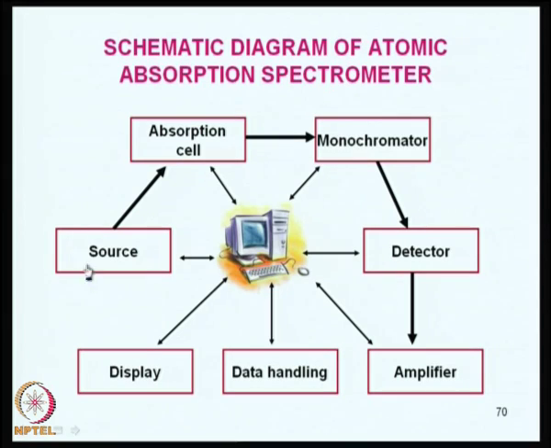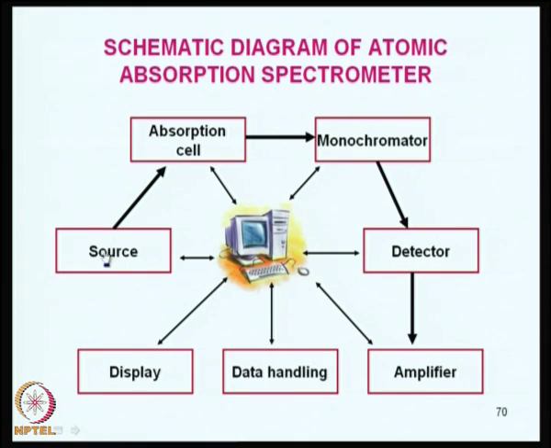Now, my next slide shows you the basic components of the atomic absorption spectrometer, and like all other instruments, here you need a source, and then you need an absorption cell where you can produce the atoms in the ground state.